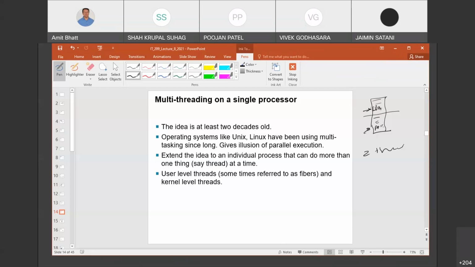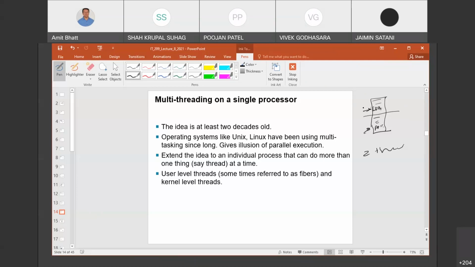So multi-threading can also work on a single processor, but its real advantage is in a multiple processor or multi-core processor. Is this understood? I'm not going into too much detail of threads, but this is all I'm telling you: suppose you can break your program into 2 parts, and these 2 parts are independent.